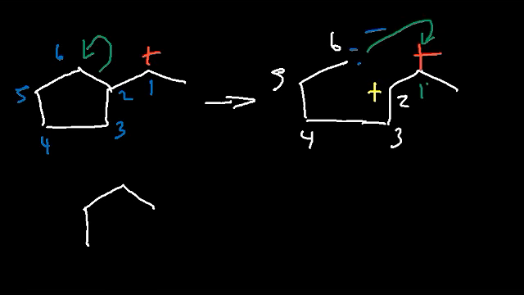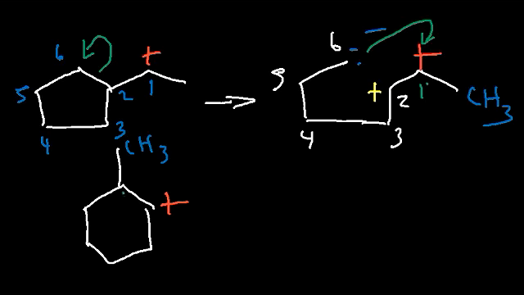And that's why it's going to expand into a 6-carbon ring that looks like this. So carbon 1 has the methyl. Carbon 2 has the plus charge. And then it's 3, 4, 5, 6. So 6 is attached to 1. And so that's the structure that we now have.